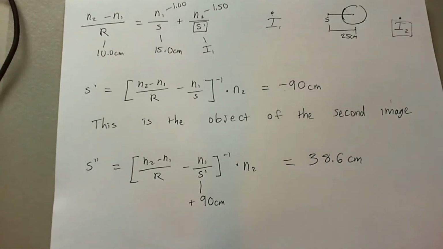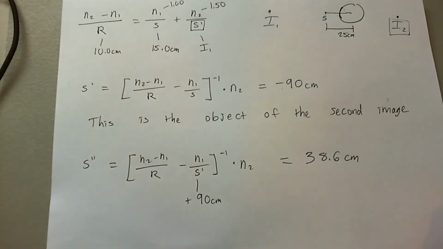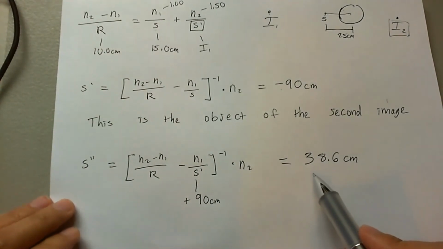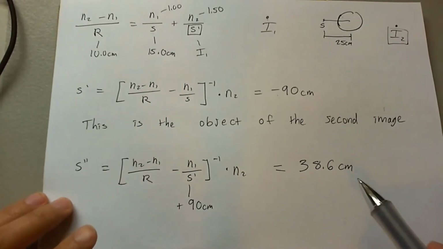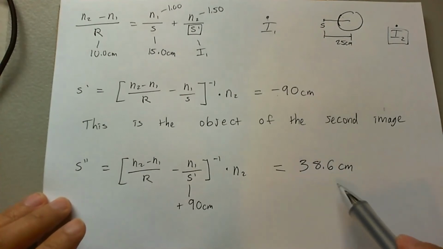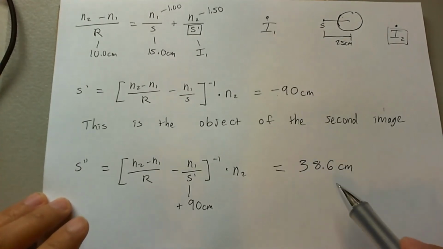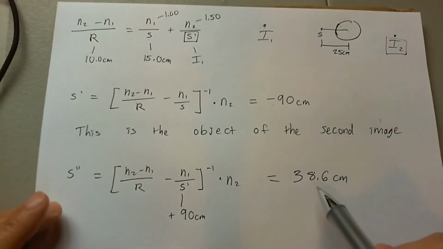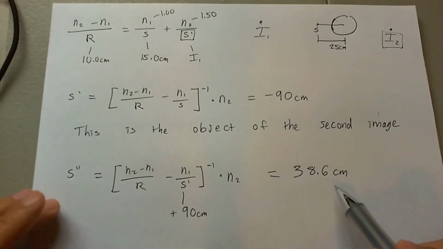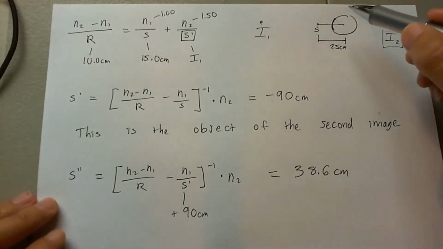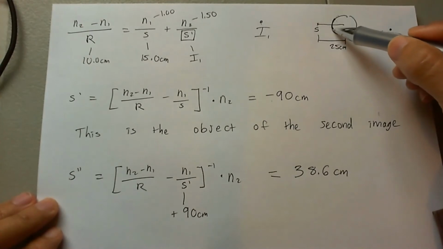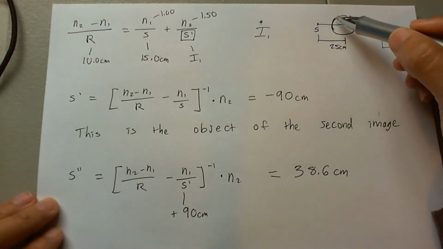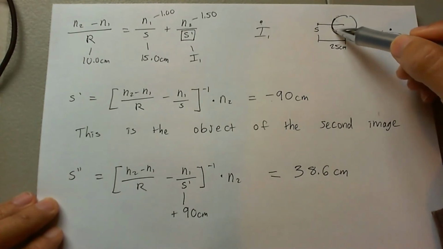Okay. Now I would say that that's a great answer, and we can say that the image location is 38.6 centimeters. Apparently, though, to the reader, we don't know what it's referencing. So the answer to this is like 38.6 centimeters from what? The answer is that same border that we've been working with the whole time. And that's convention, that it all depends on the one border.